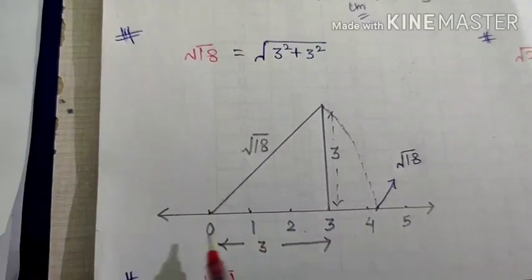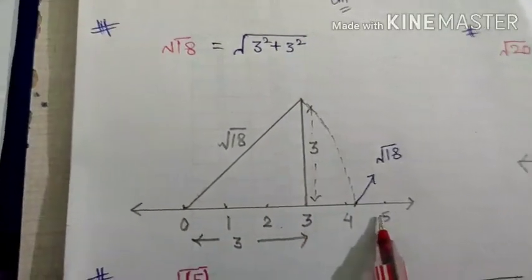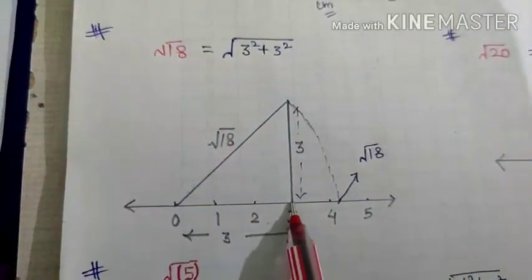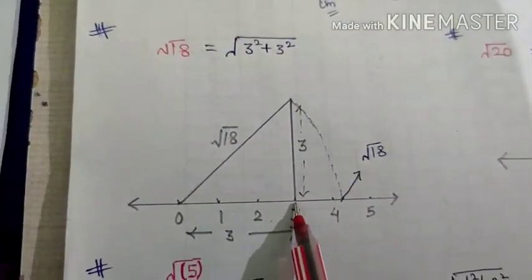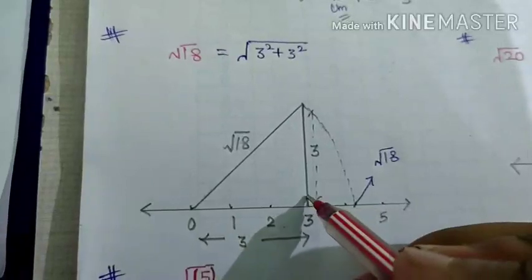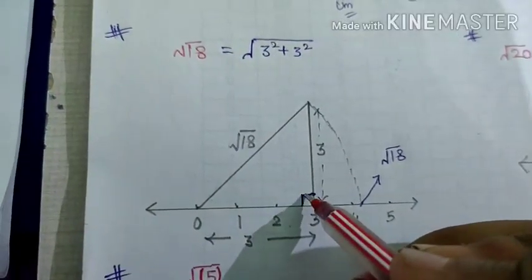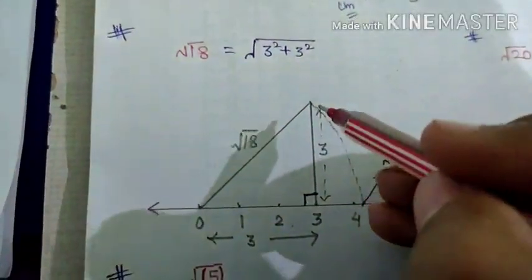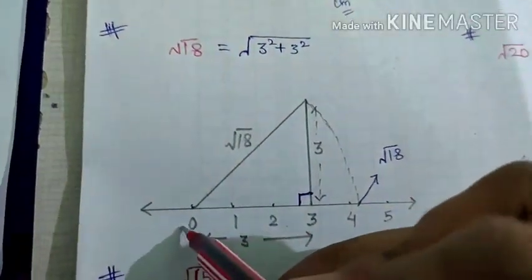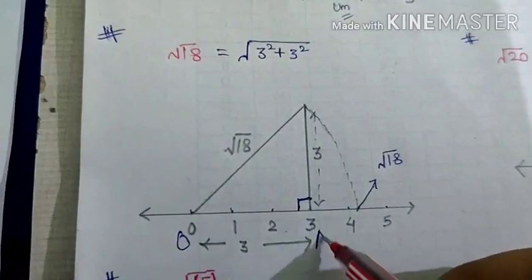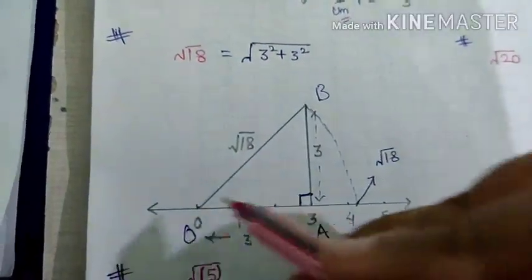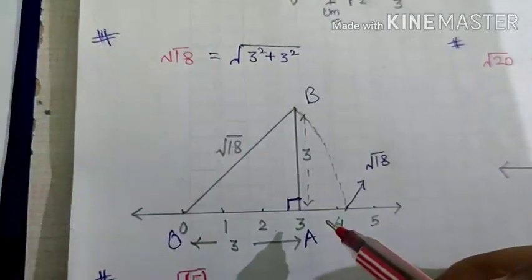I have written the spacing of 1 centimeter each, and at the point where I have written 3, just make a perpendicular. Just name these points O, A and B.